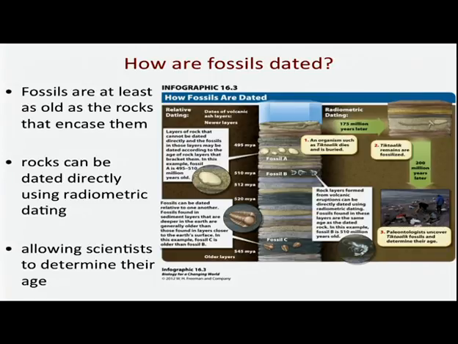Okay, and so we know how long it takes one molecule of all the different elements on the periodic table to decay, and then you can look at the relative amounts of each based on how old we think the Earth is, to figure out approximate ages of different stuff. So they can look at the fossils and determine, based on the rocks around them or the minerals, if it's a bone that was mineralized, how old those actual minerals are now, to get a pretty good idea of how old stuff is.